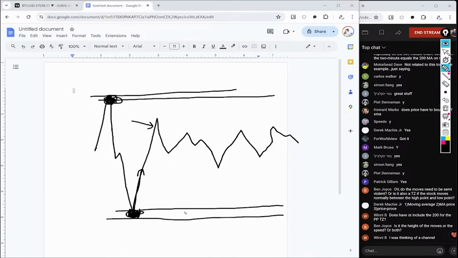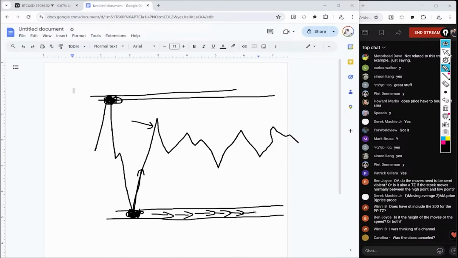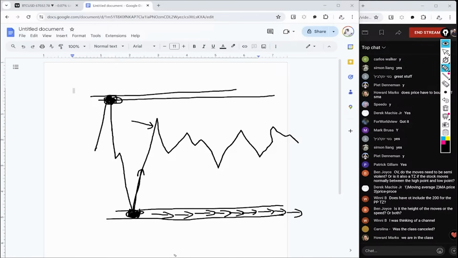So there's this concept of time moving this way, away from the 2 points, away from the origin of the trap zone. Time heals all wounds. It gets less and less significant. The further you get away from the trap zone's origin, when it first formed itself, the weaker the trap zone.